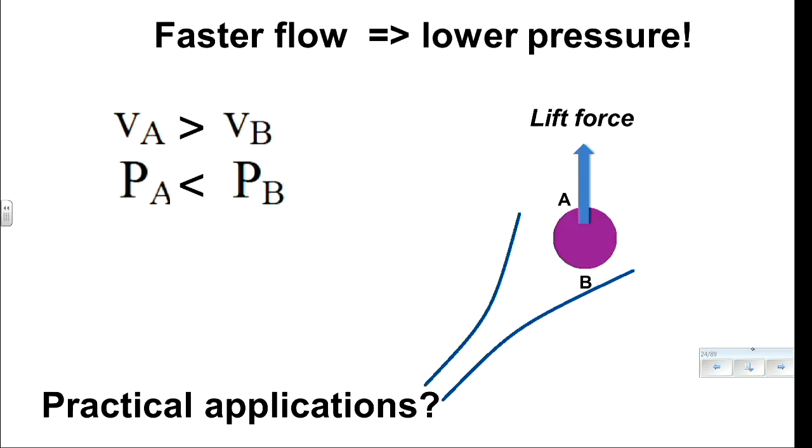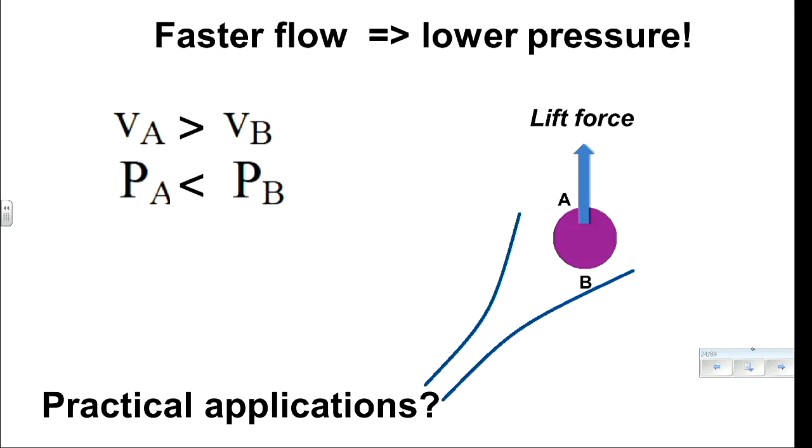So all these experiments have the same explanation. When air flows around something, if it flows at different speed, there has to be also pressure difference generated.